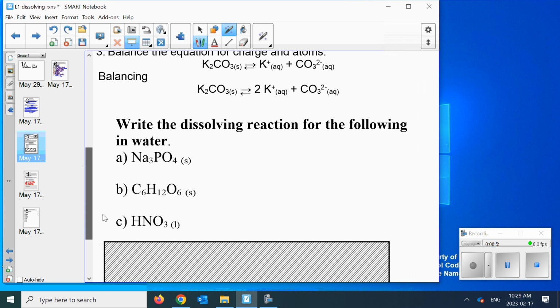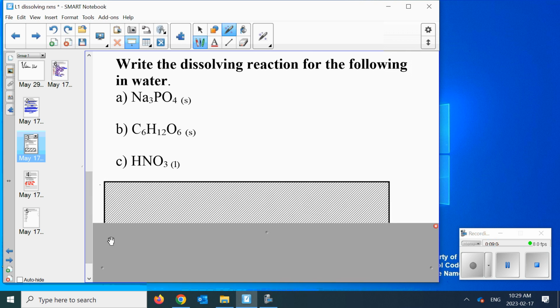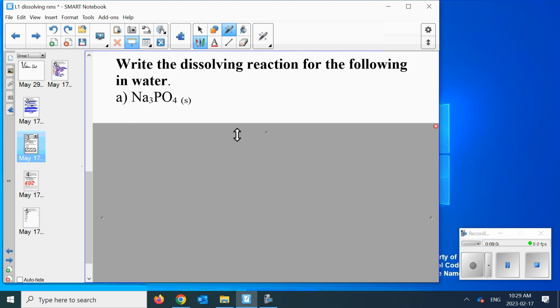Okay, we're going to do 3 examples together right now. So we'll do one at a time. I'll just pull it up. Writing a dissolving reaction. Jot this down and we'll start. You might need that periodic table handout that I gave you at the start of the year.